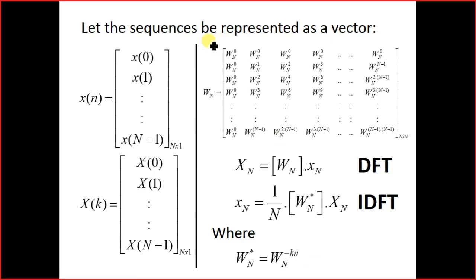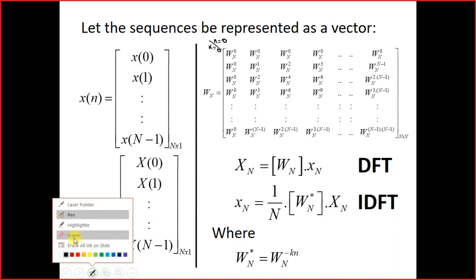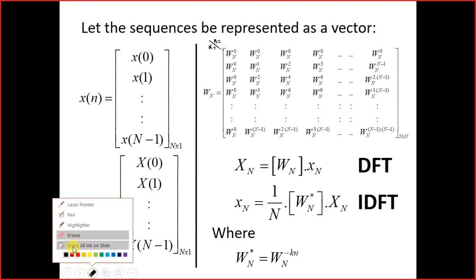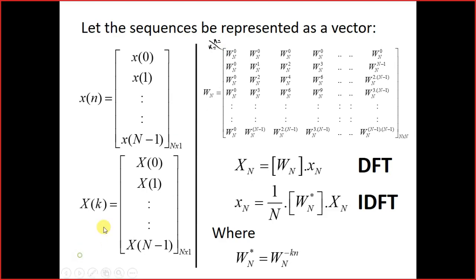For n, we will be having 0, 1, 2, 3, and so on up to capital N, because we are going for an N by N matrix.